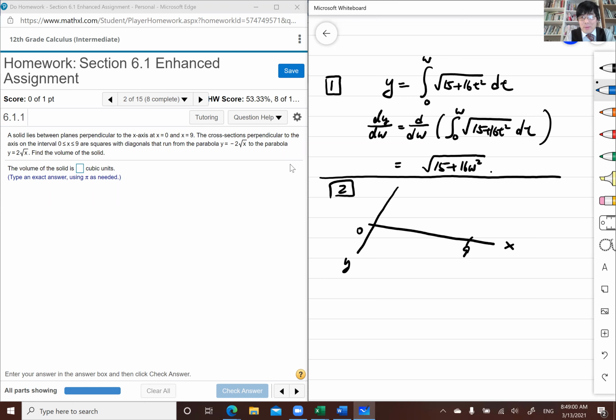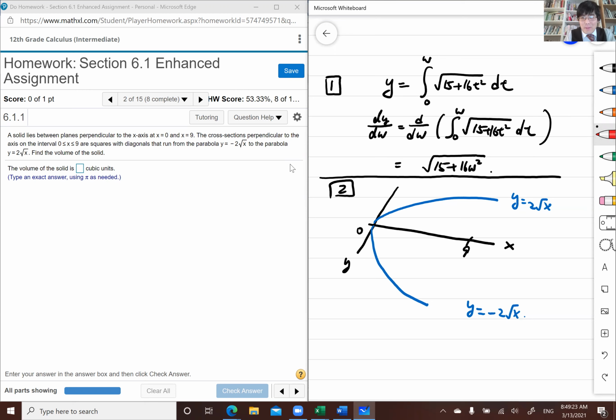So here you have two graphs, y is equal to 2 square root of x, and y is equal to negative 2 square root of x. So the cross section perpendicular to the x-axis is a square with a diagonal that runs from one parabola to the other.